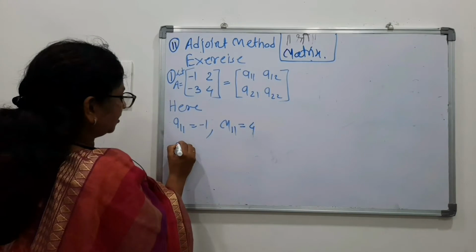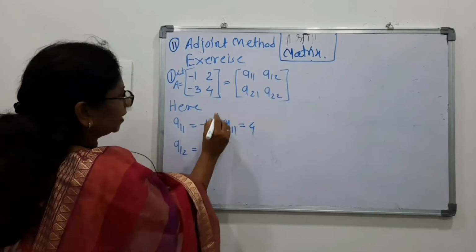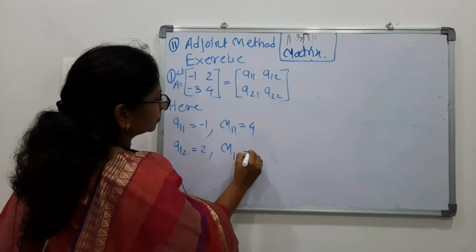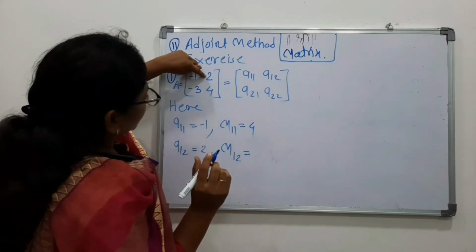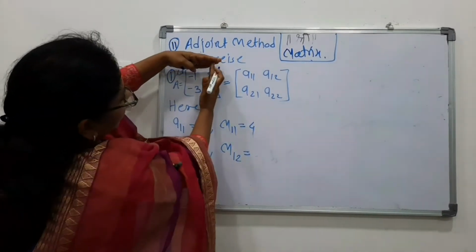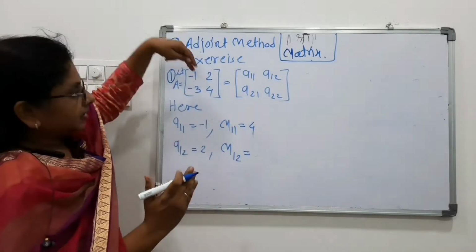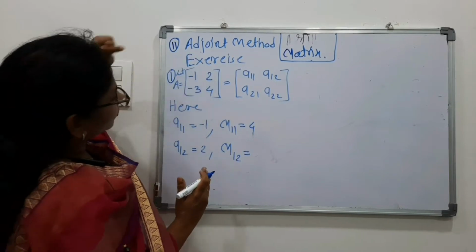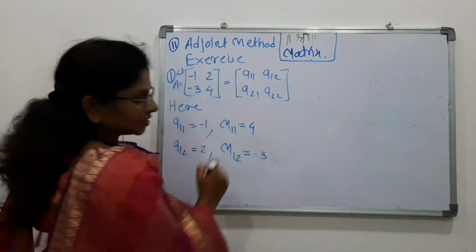The second element a12 is 2, and its minor we will denote M12. Now hide this row and this column in which that 2 lies. Then we get -3.